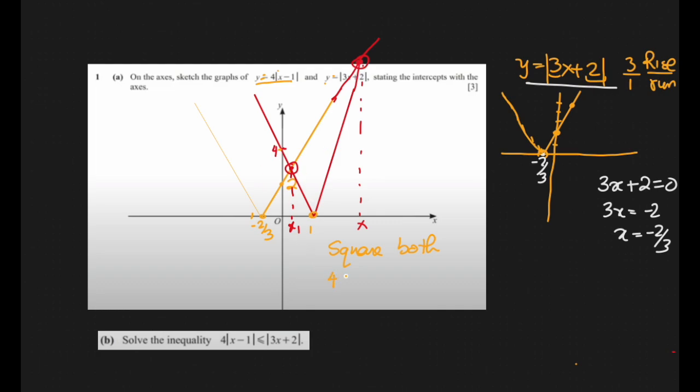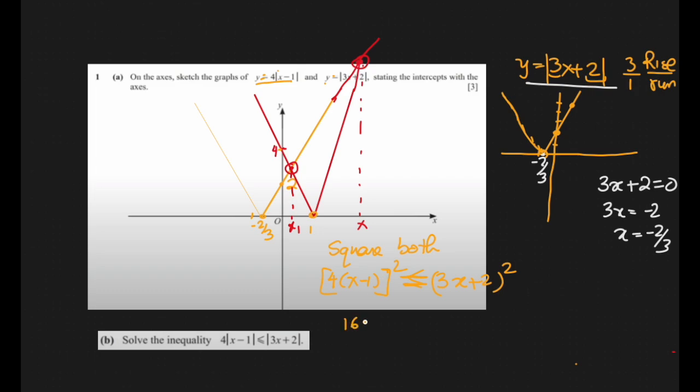So (4x minus 1) square. I remove that absolute and put a bracket in place of it, less than or equal to (3x plus 2) square. And since we want these points, we can get rid of the inequality sign and just write equal so that we get the roots only. Okay, so let me do this one.